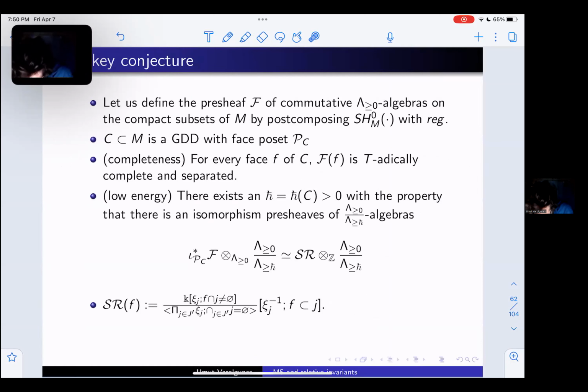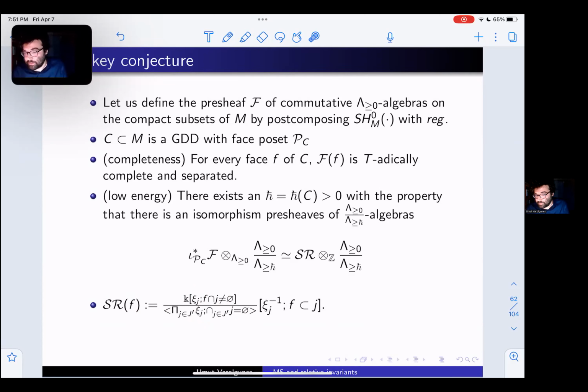At every face F, it's generated by the codimension 1 faces that intersect the given face F. Then you mod out by the relation that if you have some of these codimension 1 faces, which all intersect the given face F, but these codimension 1 faces themselves don't have any common point, then you mod out by the product of those.